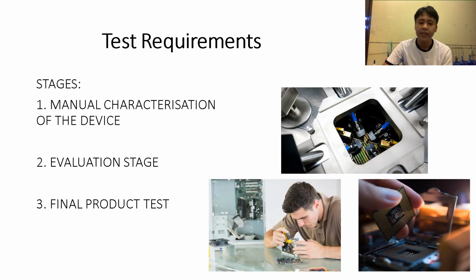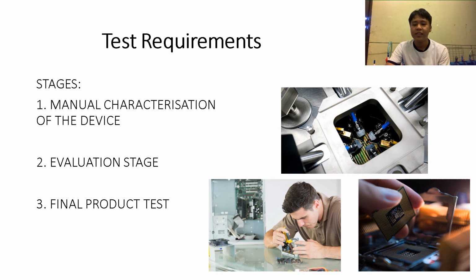So for testing, it has its test requirements. There are three stages. The first stage is the manual characterization of the device, where its S parameter data is measured to frequency extremes, along with the manual calibration and measurements. The second is the evaluation stage, where no measurement is required.